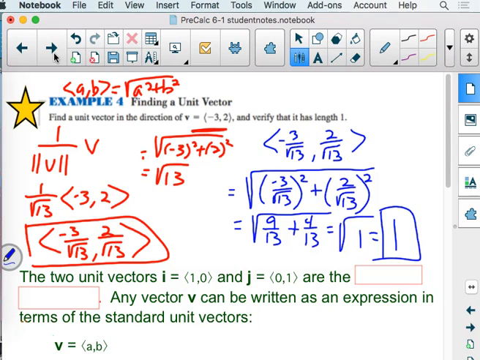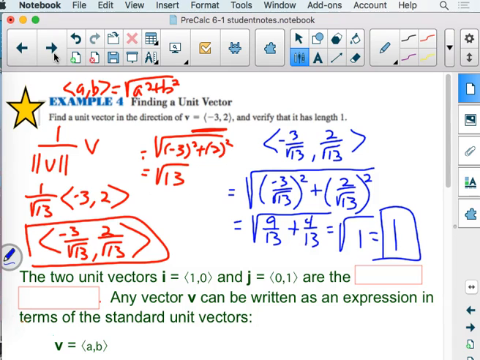There's our verify right there. So it works. Whenever these are in component form, the initial point is at (0, 0). So whenever we see that less than, greater than symbol thing going on, that means the initial point is at (0, 0).